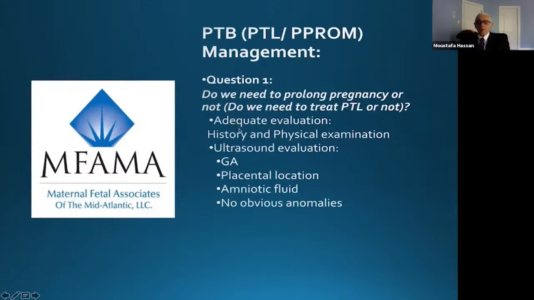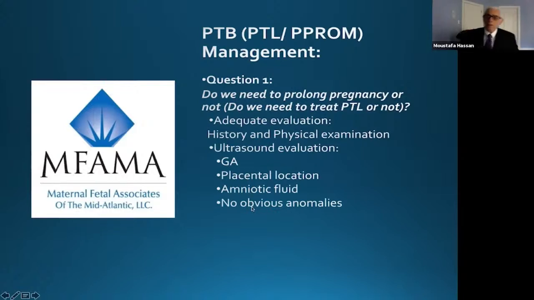You need to have adequate evaluation, good history and physical, but fast. Because if you have somebody here who has severe hypertension and she has preeclampsia, it would be foolish to stop it. Ultrasound evaluation quickly: gestational age, placental location, amniotic fluid, no obvious anomalies.